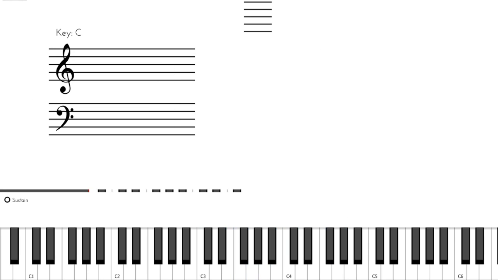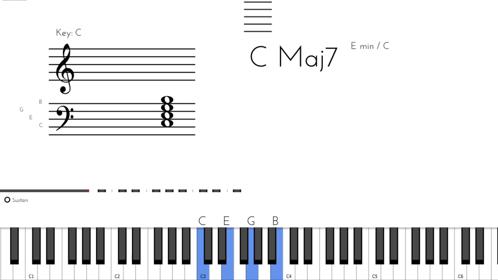So if this is C major, as we said earlier, if we continue, if I add one note, this, we call it a C major seventh, and it makes sense. You can see it over here in the display.